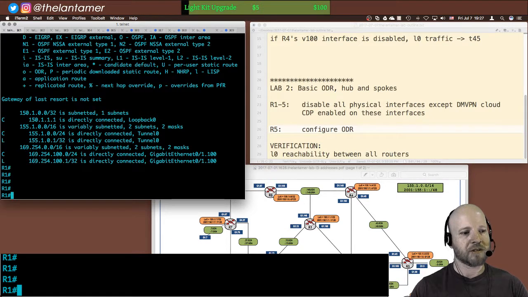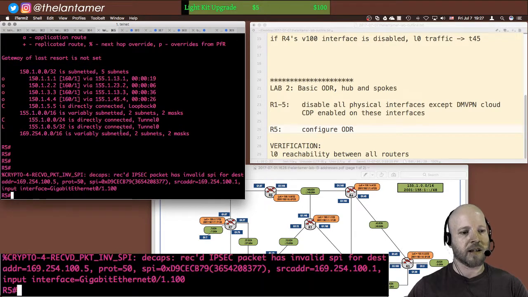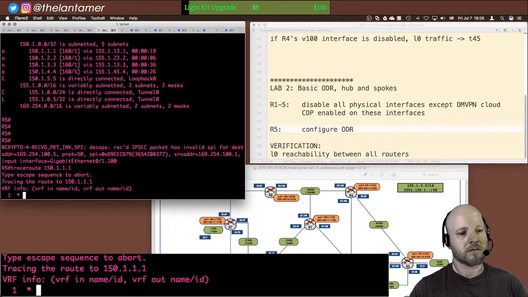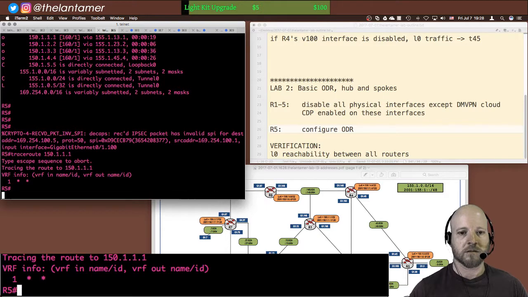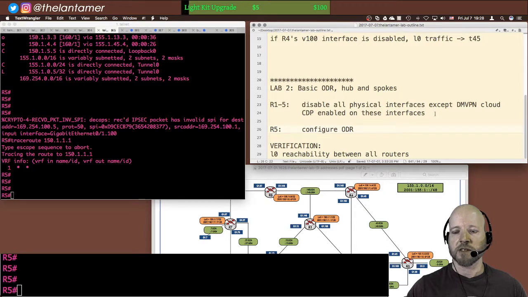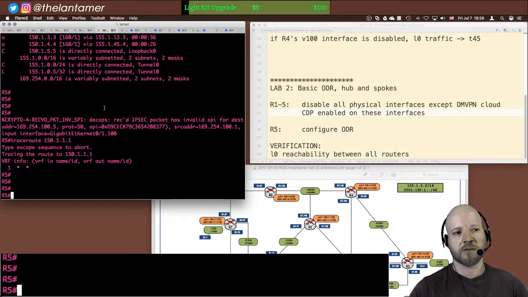So I should have a route to 150.1.4.4. I should have reachability to that. I'm definitely going to have it here. No, I don't. CDP is enabled on these interfaces, so this is via the DMVPN cloud. Do I need to have CDP on the tunnel interfaces?